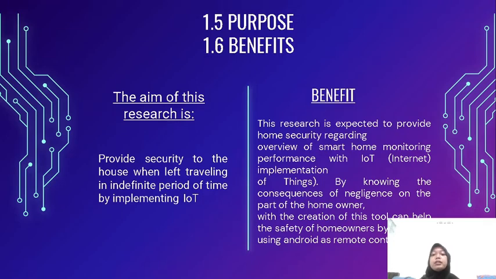Benefit: this research is expected to provide home security, giving an overview of smart home monitoring performance with IoT, Internet of Things implementation, by knowing the consequences of negligence on the part of the homeowner. The creation of this tool can help the safety of homeowners by using Android as a remote control.